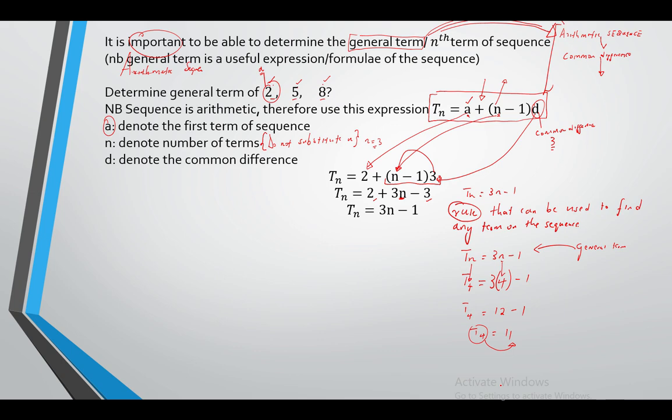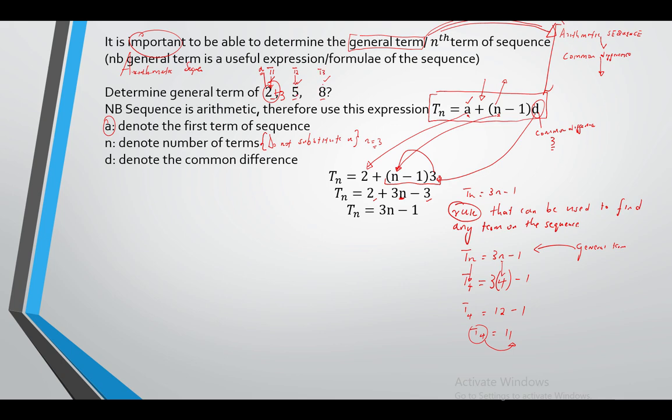Is this true? Let's check. Let's go to the sequence. Term number 1 is 2. Term number 2 is 5. It's important to see that from term number 1 to term number 2, 3 was added, right? Term number 3 is 8.